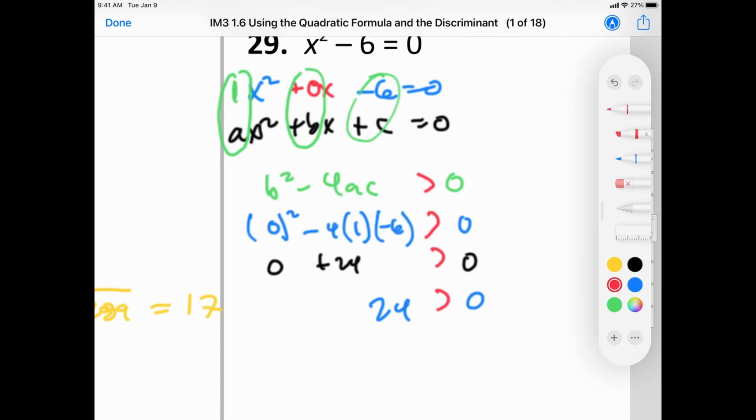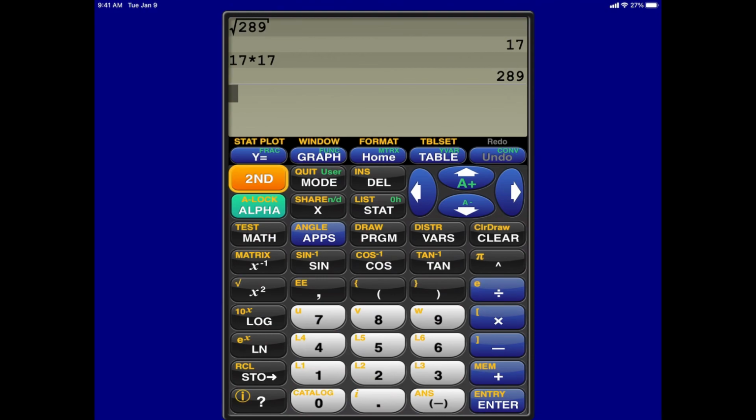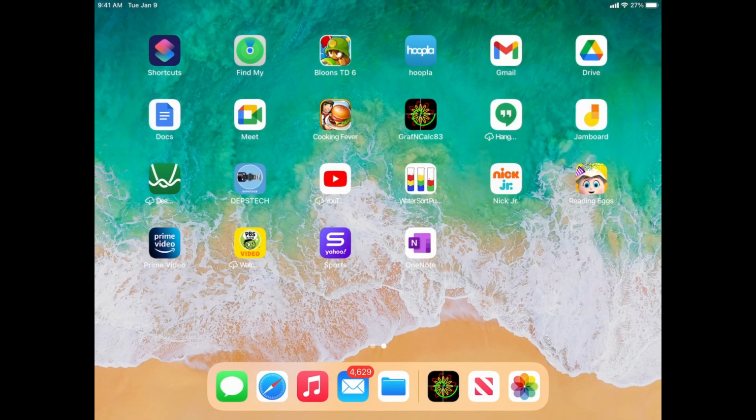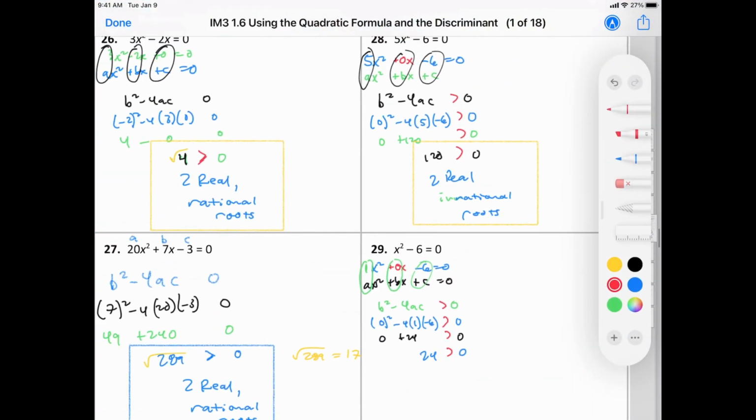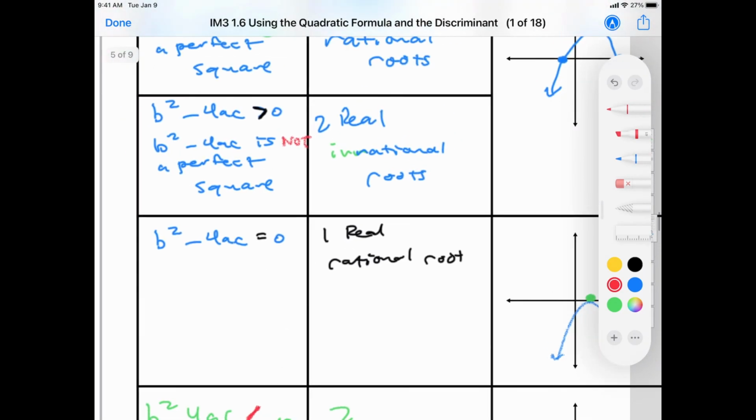Is it a perfect square? You can test it again. Second square 24, press right to get out of the red. And it's not. 4.89 times 4.89 will give you very close to 24. So it's not a perfect square because it is not a whole number. Okay, so you go back up to your chart. It's not.